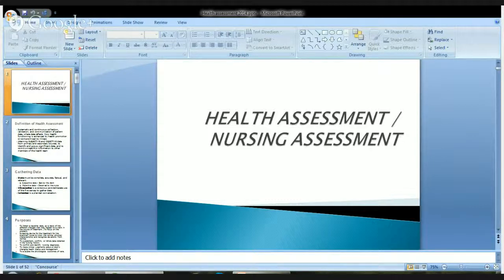Talking of the pulse rate, we should also have to note down the strength, the regularity, and the bounding. For adolescence to adulthood, the normal pulse rate will be 60 to 100 beats per minute, bilaterally equal.